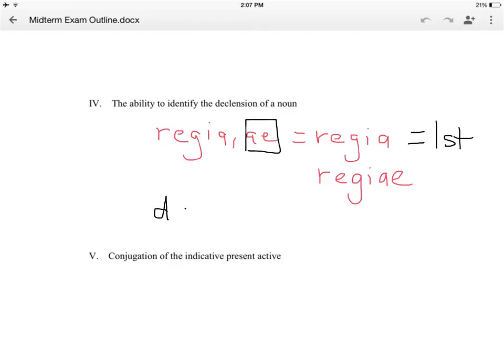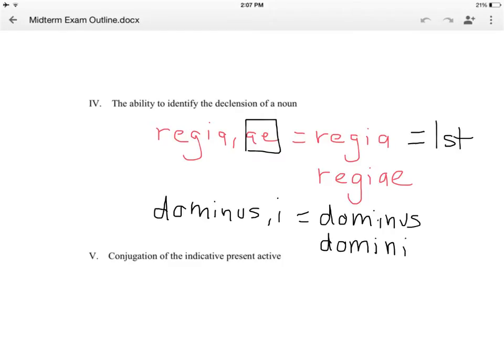If, however, you have a word that ends in an I in the genitive, you know that you have a 2nd declension. Written out in full, it would look like this, dominus, domini. That's a 2nd declension. However, it's not the only kind of 2nd declension.